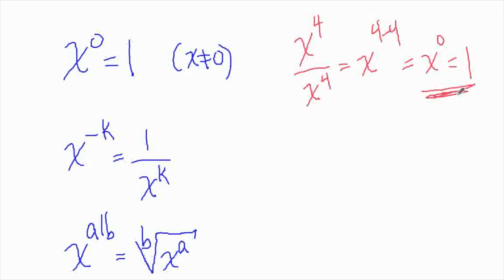Now, there are similar reasons why the other two have to be the way they are, because if they weren't, again, they wouldn't integrate very well with the other rules that we have. So just know that they don't have to be this way, but these make the most sense.